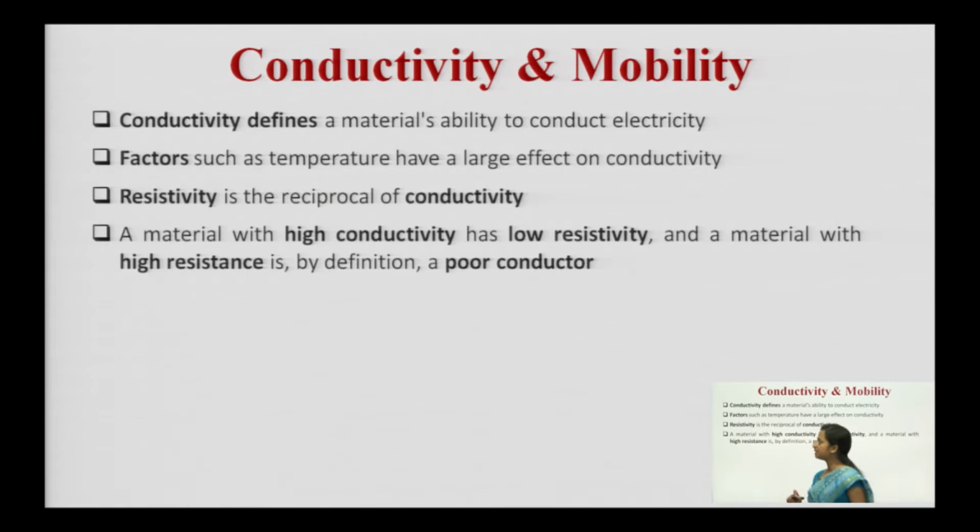See, what are these terms? What is conductivity? Conductivity defines a material's ability to conduct electricity. This point is very basic and you know that. If you are saying a material is a good conductor, it means it has the capability to conduct electricity.